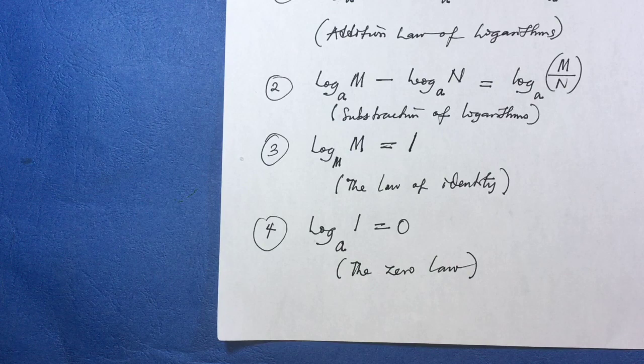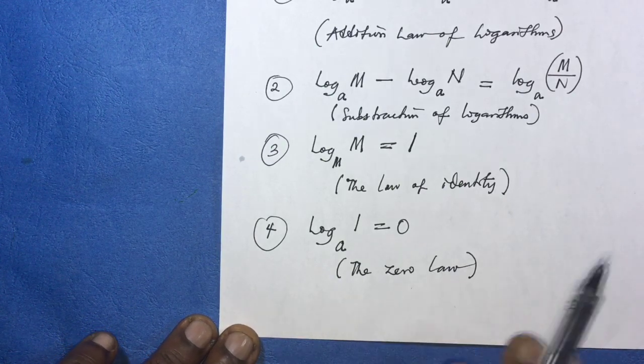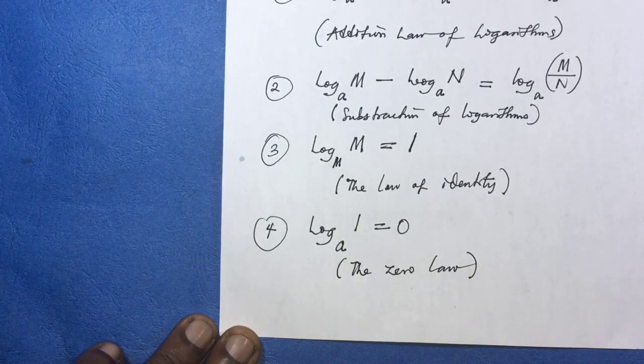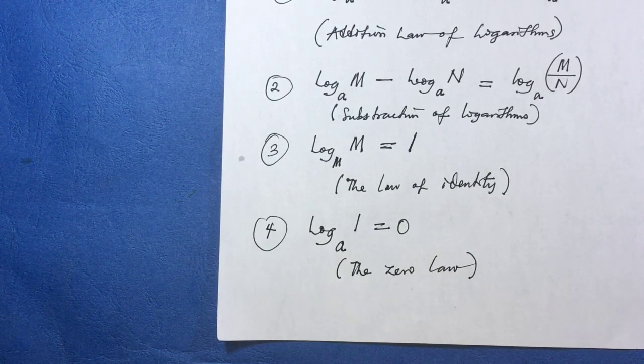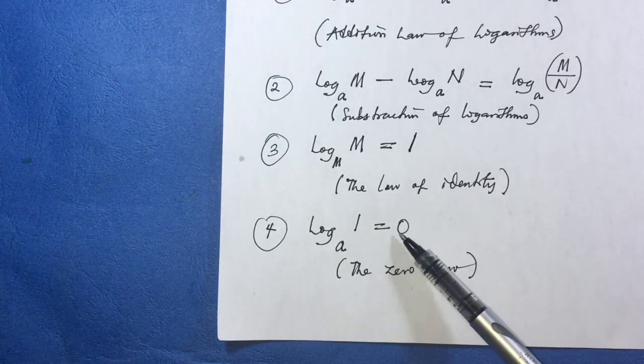It does not mean that in some other textbook you read or some other online source, you will find them written under these names. So do not know the laws of logarithms by the names they are called. Rather know them by what they are, not the names they are called. Whereas I'm calling it the zero law, it may be called something else as described by another author or by another teacher. It tells you that when you take the logarithm of 1 in any base, it gives you 0.